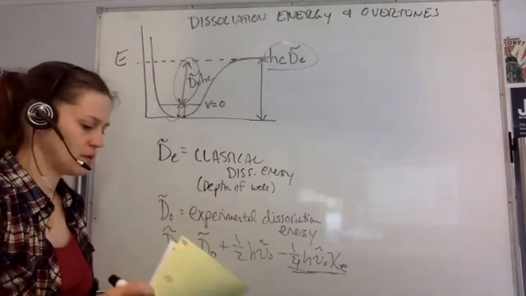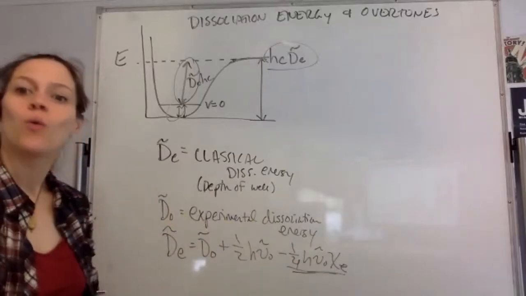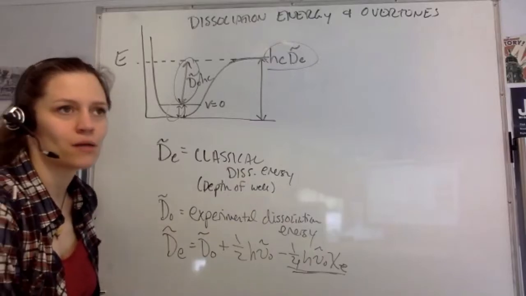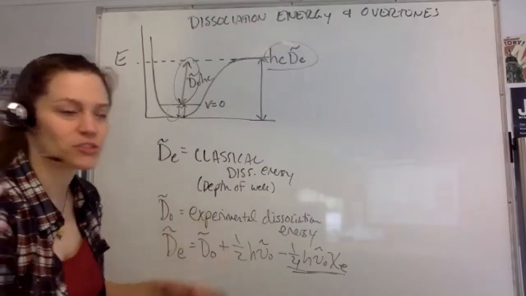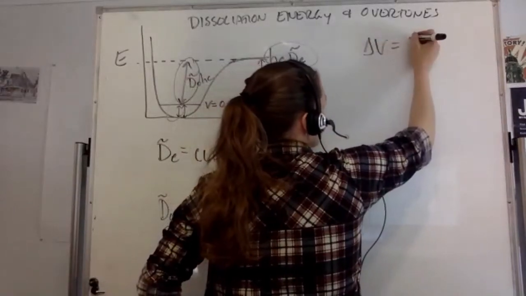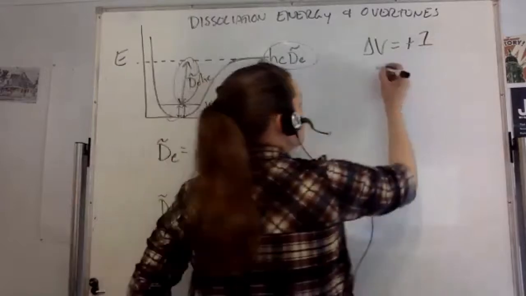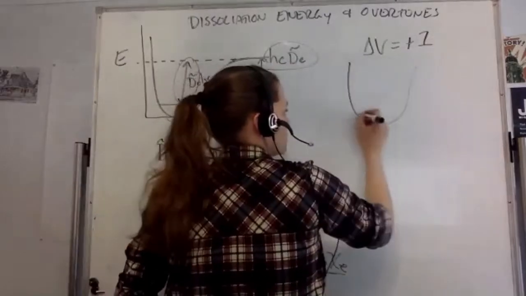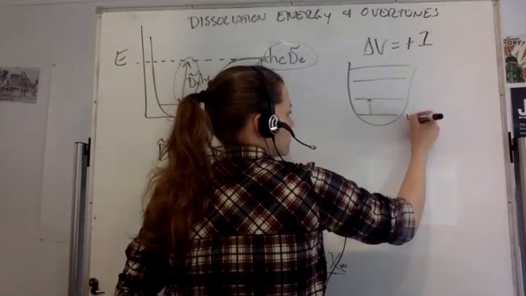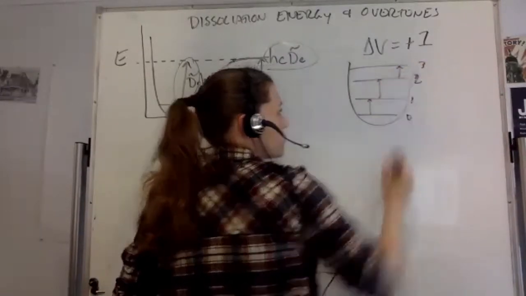Go team. Okay. So how do we get that information? Well, remember what I told you, that in the harmonic model, you can have transitions that are plus or minus 1 in V. So you can have transitions between 0 and 1, 1 and 2, 2 and 3.